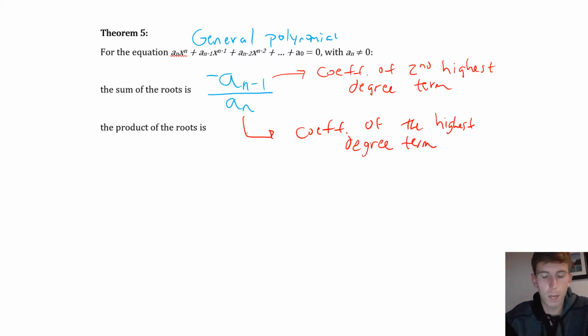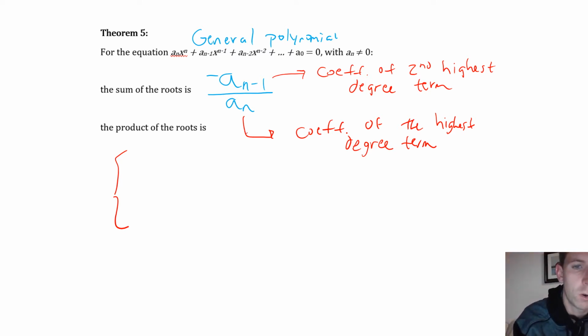Awesome. So I'll show you an example of how to work with that in a second. Let's go on to the product of the roots. The product of the roots is going to depend on if the polynomial is even or odd degree. So if it is even, and if it is odd, it's just that same thing multiplied by negative 1.